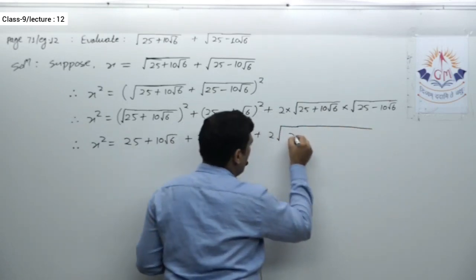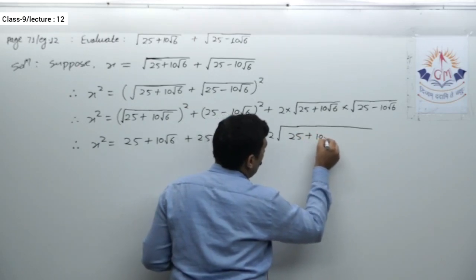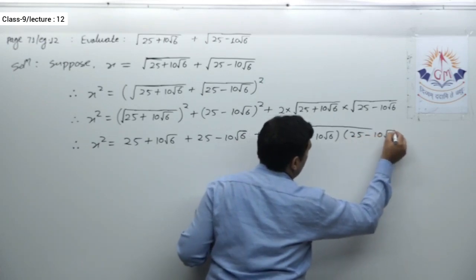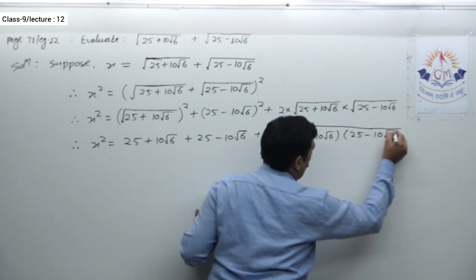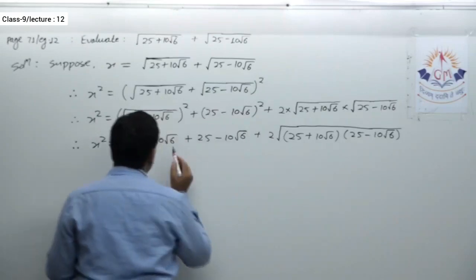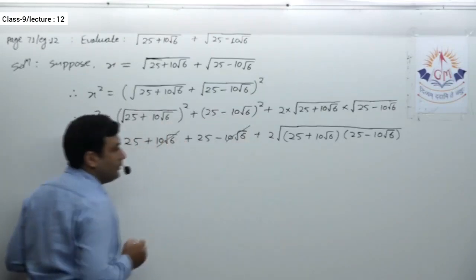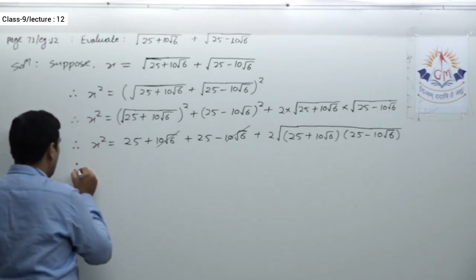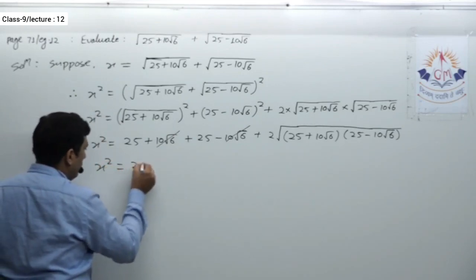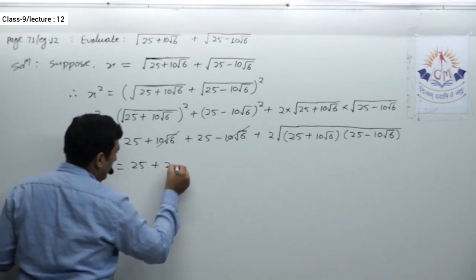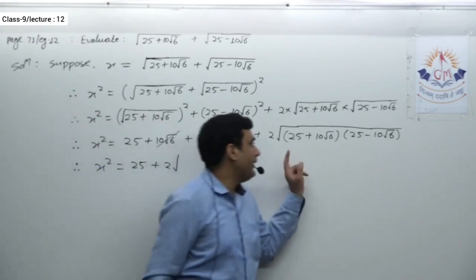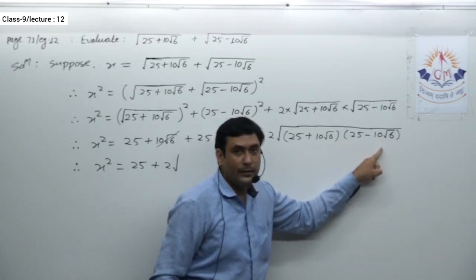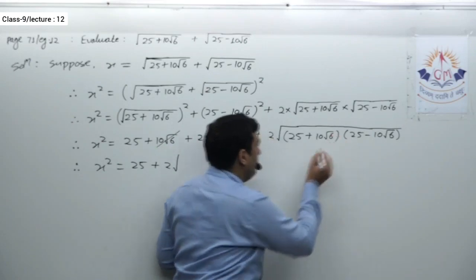I can use a single radical sign to write them in this way. Now the plus 10 root 6 and minus 10 root 6 cancel out because they are equal in magnitude but opposite in sign. So I get x square is equal to 25 plus 2 into the root of a plus b times a minus b. Here again I can apply the identity a plus b, a minus b, that is a square minus b square.